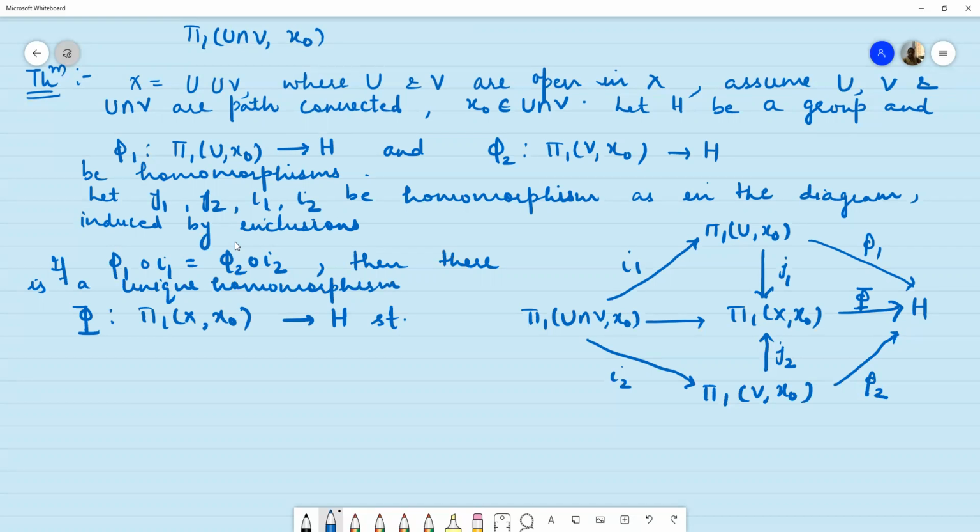We have to prove that there exists this unique homomorphism capital Phi such that capital Phi circle J1 is phi1, and capital Phi circle J2 is phi2.